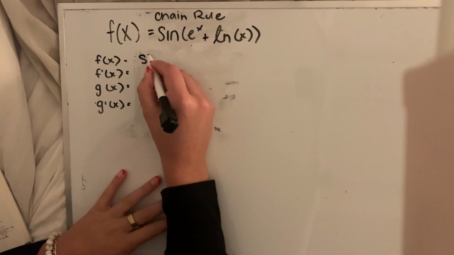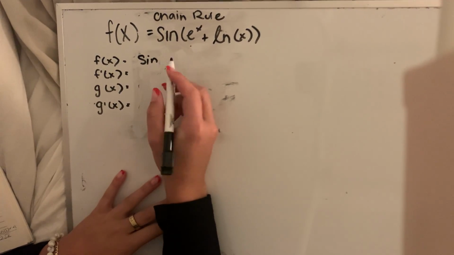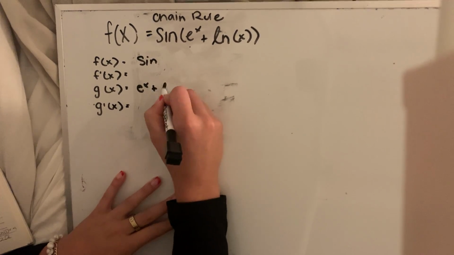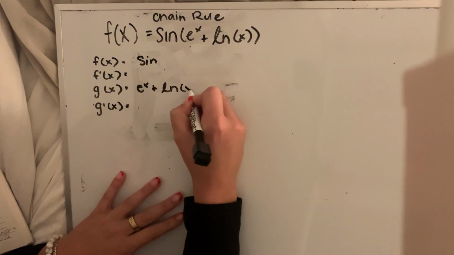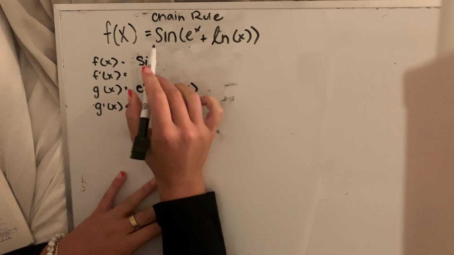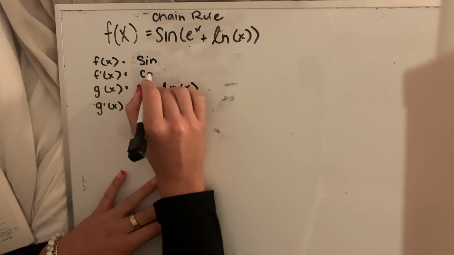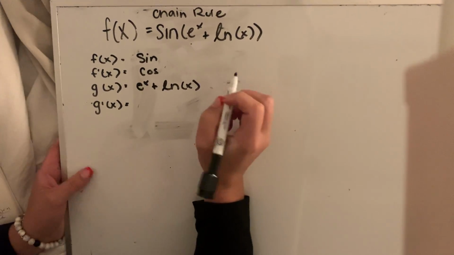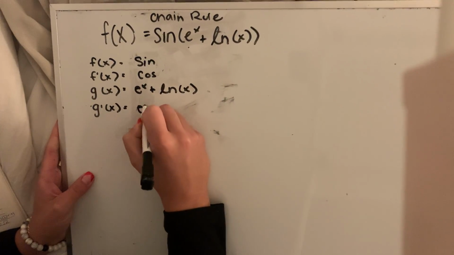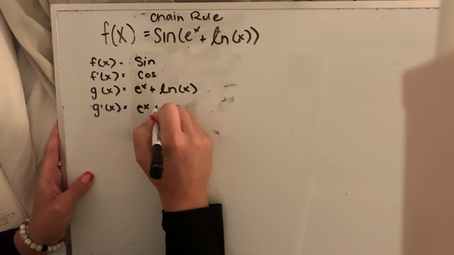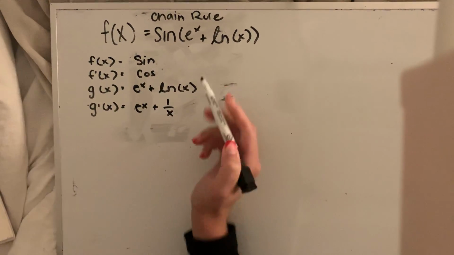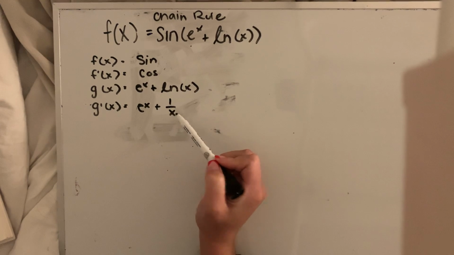The f is sin, and the g of x is going to be e^x plus ln x. Sin always becomes cosine when it comes to the f prime of x, and g prime of x is going to be e^x, because that always stays the same, plus 1 over x, because the derivative of ln x is 1 over x.